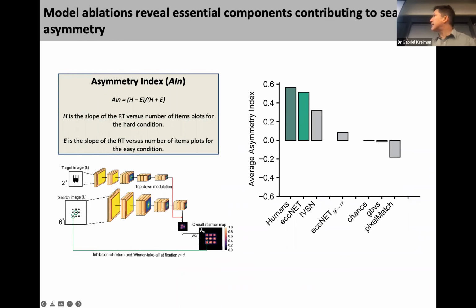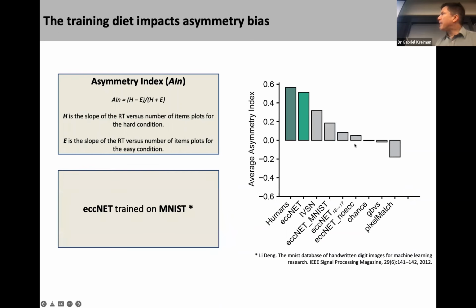This is a model that has target modulation only in one layer as opposed to 3 layers. So having target modulation across multiple different scales also helps. Removing the eccentricity dependence significantly impairs performance. And then the other point I wanted to make is that if this eccentricity dependent model is trained on digit recognition on the MNIST data set, which is the data set that you use for the first homework in the class, the model also performs significantly worse.